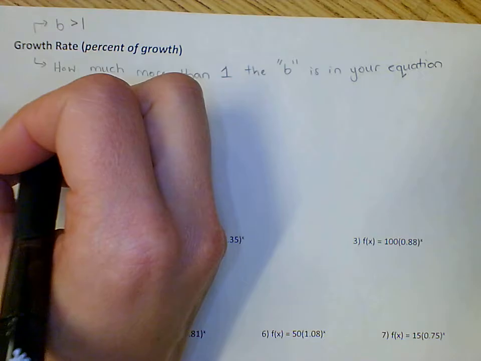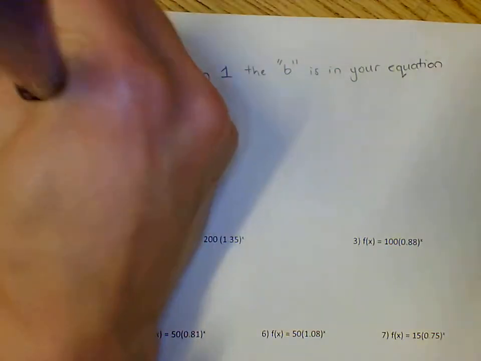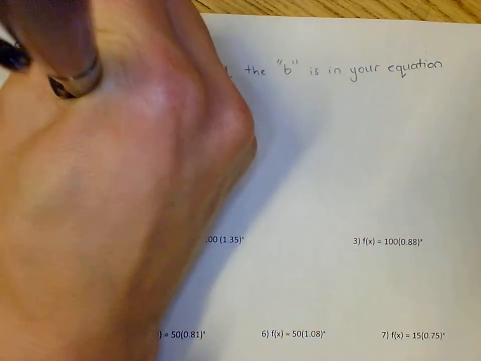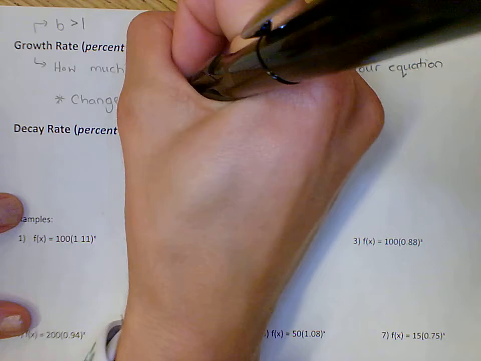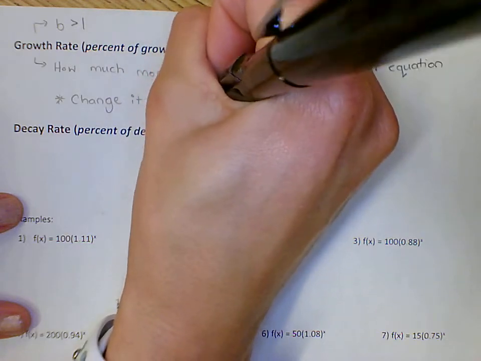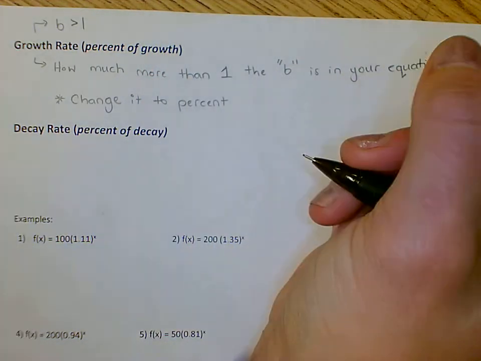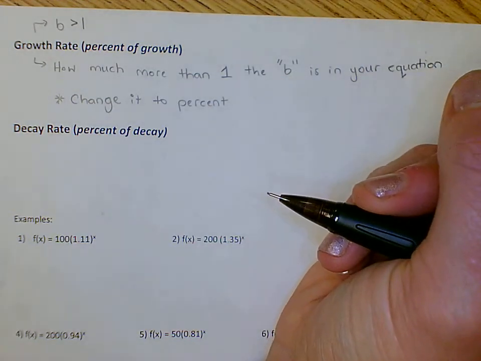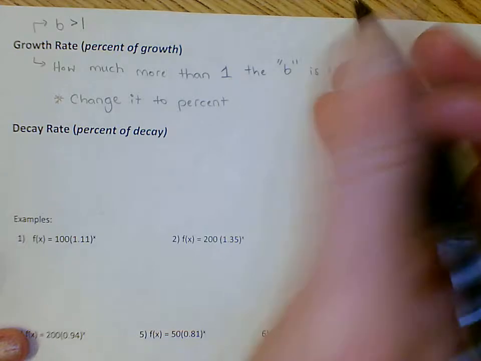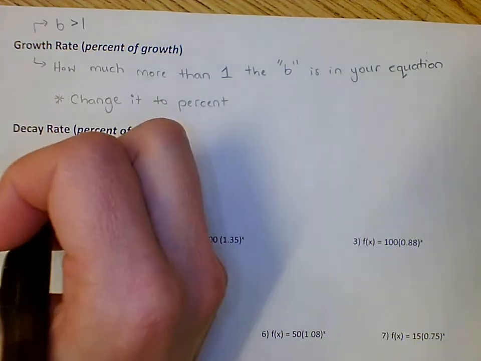Something that helps is if you change it to a percent, it'll help you think about it too. And if you do that, you can think about how much over 100% it is growing. Okay, so I'll show you how to do that too.